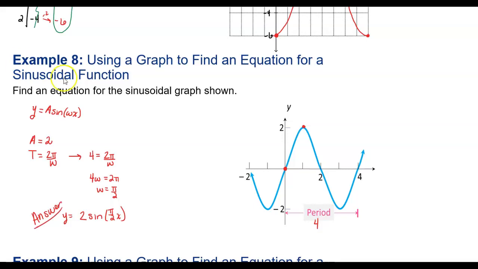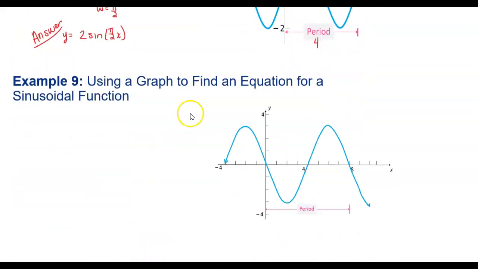Okay, for our last example of this video that I went really fast on, do we have sine or do we have cosine? Well, we're at 0, 0. Once again, we have a period from -4 to 8.